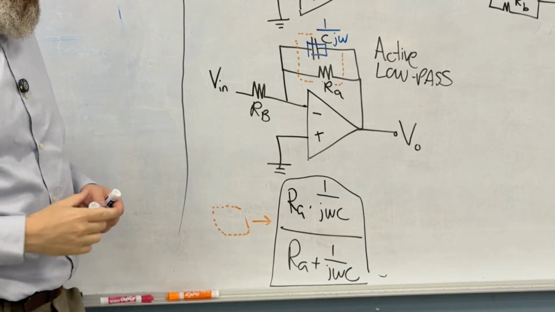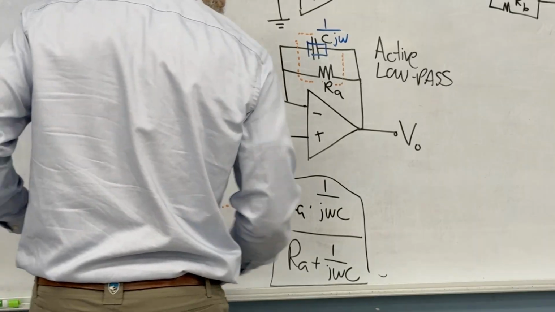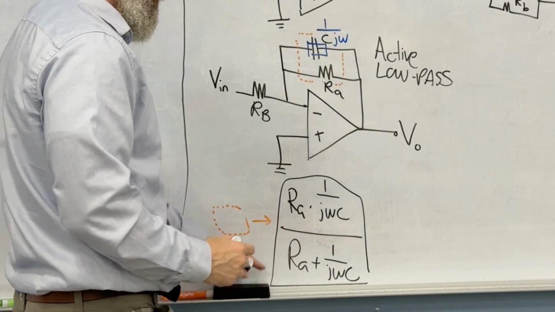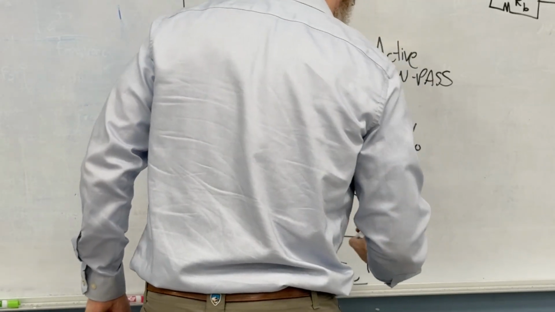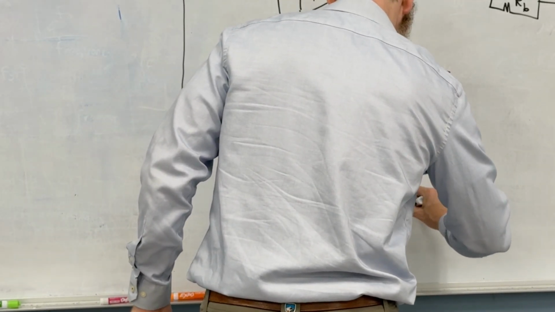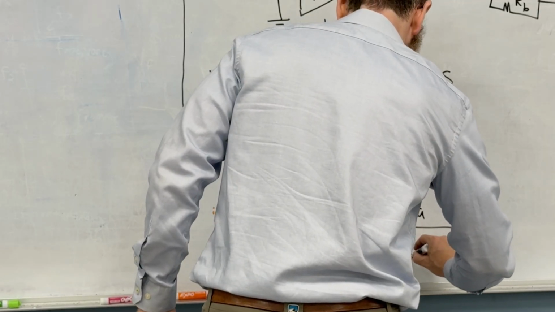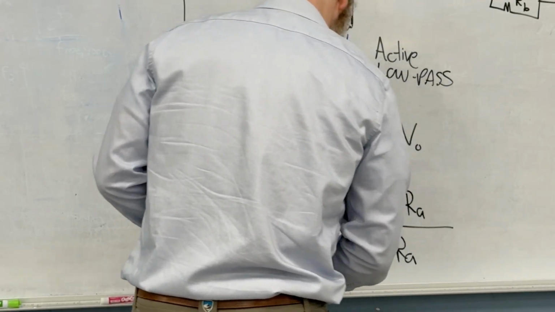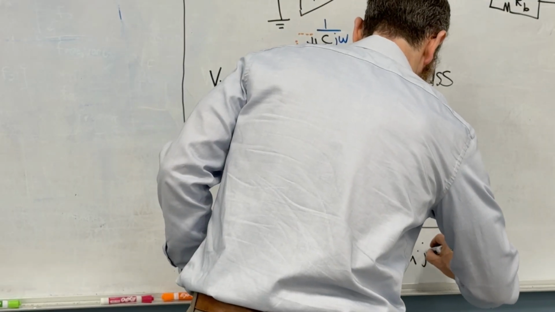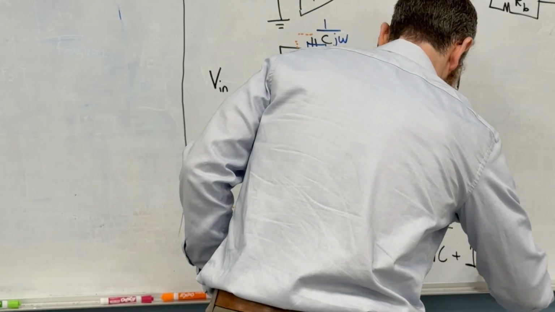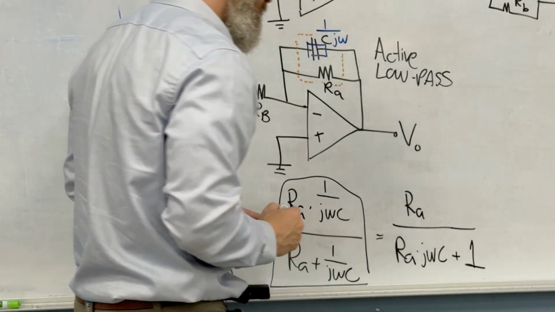And we can simplify this a little bit by multiplying both top and bottom by JWC. And so we're going to be left with R sub A over R sub A JWC plus 1. Wow, simplified a lot.